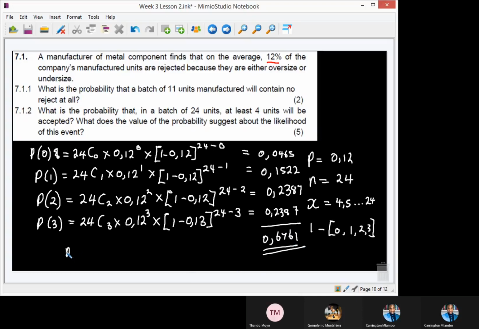That's the total probability for 0 plus probability for 1 plus probability for 2 plus probability for 3.